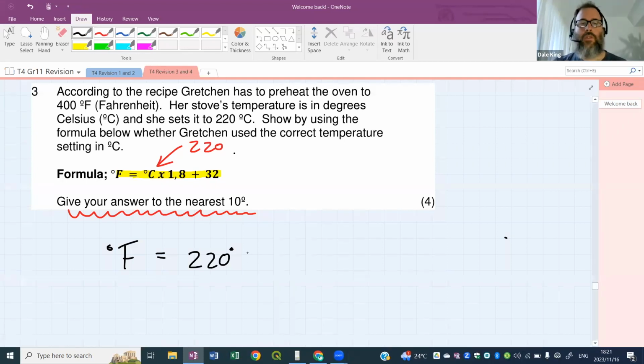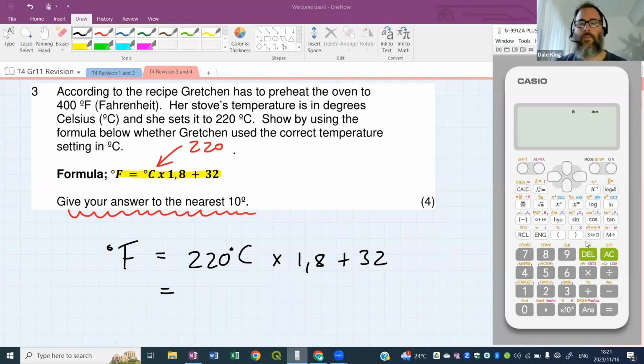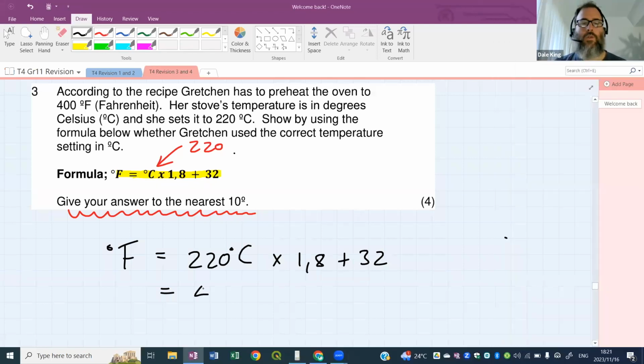And let's see what she gets. All right. We need to multiply it by 1.8, and then we need to add 32. So 220 times 1.8 plus 32 gives us 428 degrees Fahrenheit.